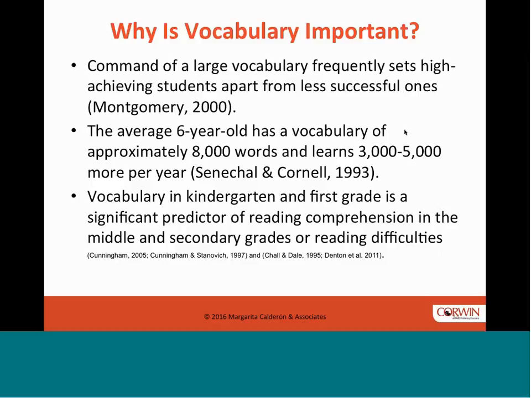So the question here is, how many words are our ELLs and SELs learning per year? Because vocabulary, even in kindergarten, and especially at the end of first grade, becomes a significant predictor of reading comprehension in the middle and high school grades. Unfortunately, it also predicts reading difficulties in middle and high school. Next, please.